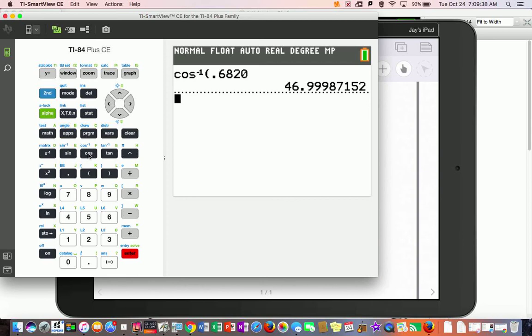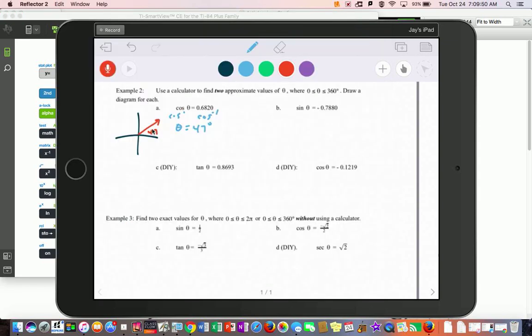So 47 degrees puts me here in the first quadrant. And the second one would be located where cosine is also positive, because when you look at this, cosine of theta is producing positive answers. Well, that'll also happen down here in the fourth quadrant.